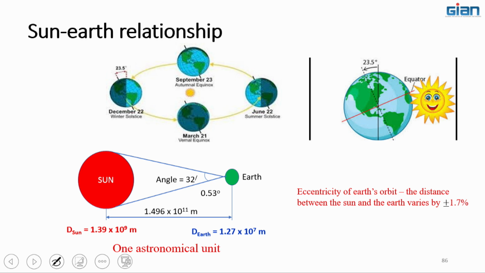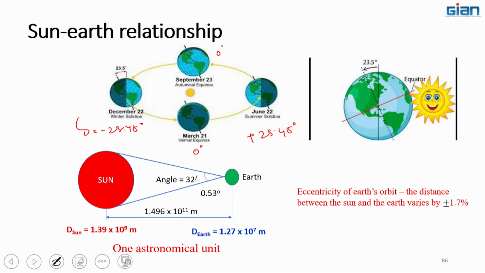The equinox is on March 21, where declination is 0, and the other equinox is on September 23, when delta is 0. So here we can say delta is minus 23.45 degree, and this is plus 23.45 degree, and this is 0 degree, and this is delta.